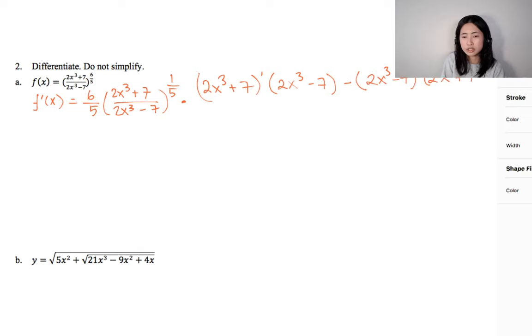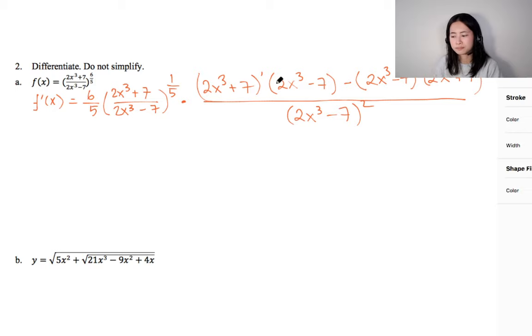So essentially you're alternating: you take the derivative of your numerator first, multiplied by your denominator, just make sure you have a minus sign. And then you take the derivative of your denominator multiplied by your numerator. And then you're squaring your denominator as the last step.